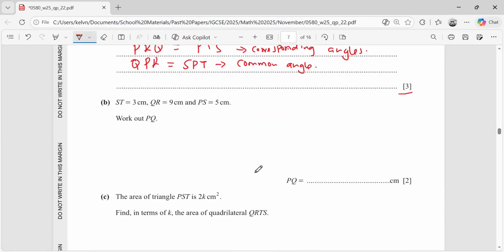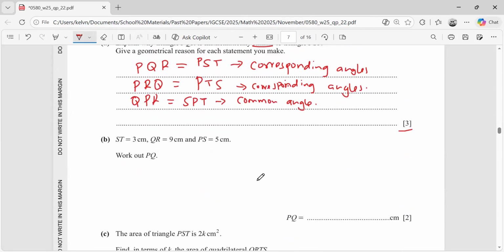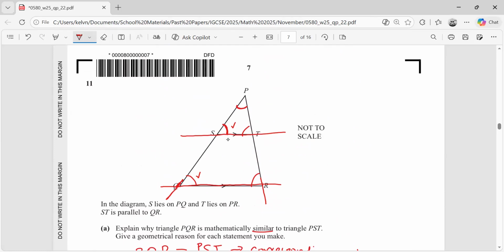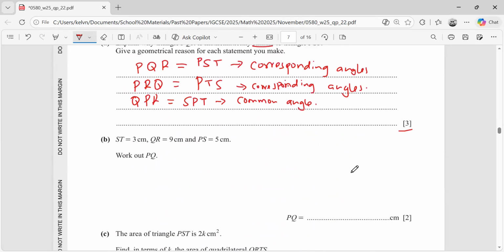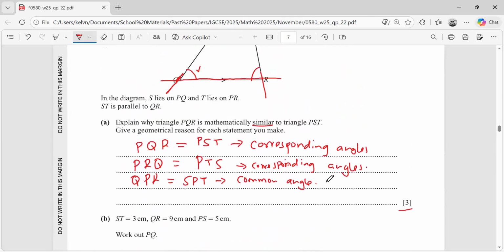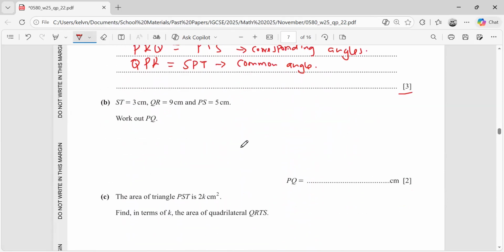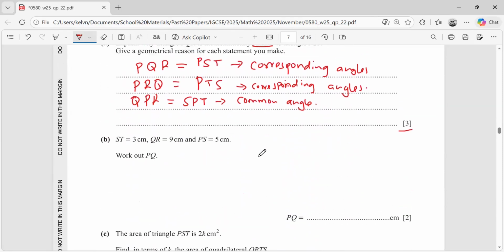Anyway, let's move on to part B. We're told ST is 3 centimeters, so this one here is 3 centimeters. And QR is 9 centimeters. Those are the corresponding lines, and because of that, they can help us get what we call a scale factor.